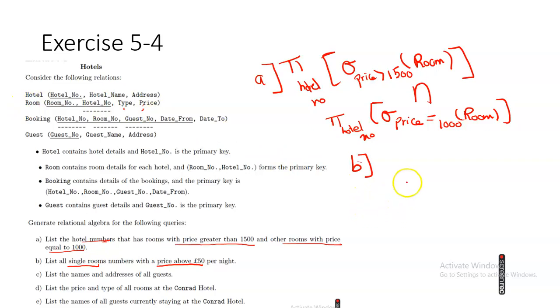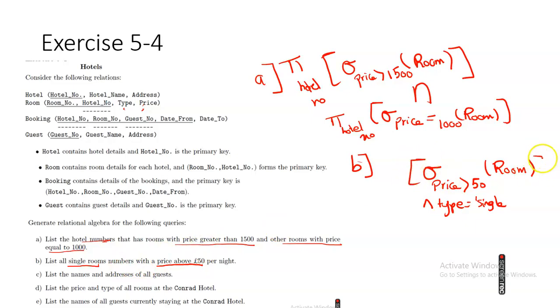So we can select price greater than 500 and type equal single from room. Do we need the whole row or we just need certain info from this row? Actually, we want a certain info, which is the room number. So we can project on room number.